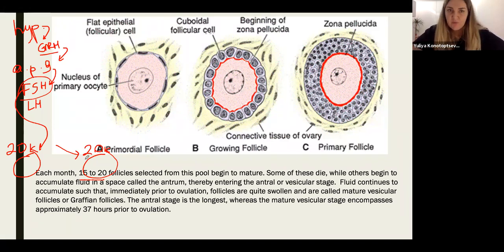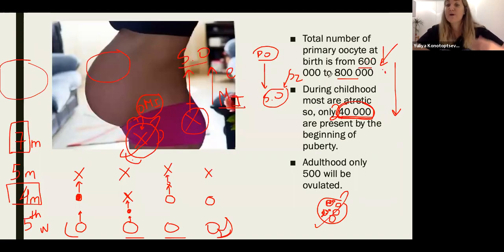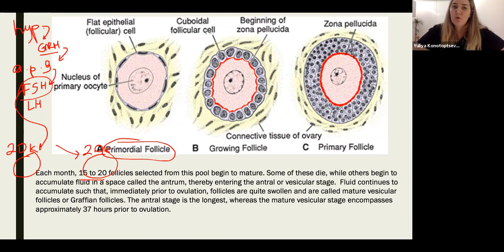So let's take a look. The follicles that we made when we were an embryo are called primordial follicles, because primordial means before birth. Those 600 to 800,000 primordial follicles, those 40,000 primordial follicles. How does a primordial follicle look?